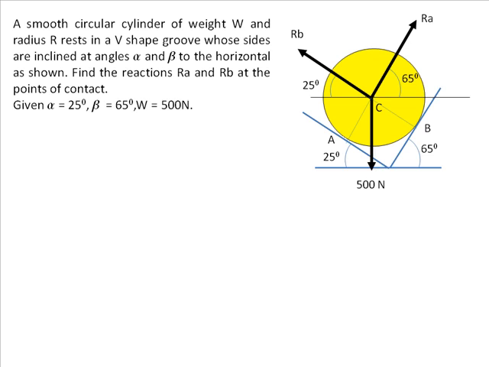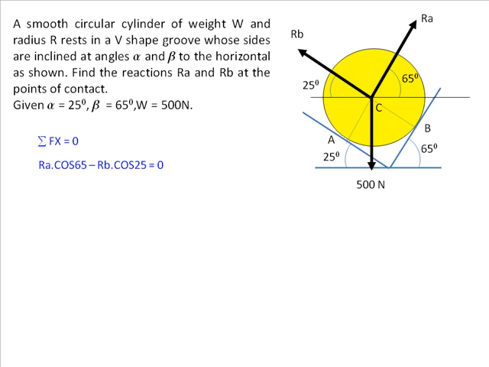So see, we have managed many things. We have managed the free body, and we now know at what angle all these forces are inclined. So we are ready. We also know that these three forces together are keeping the cylinder in equilibrium. And therefore, all we have to do is write sigma Fx equal to 0 and sigma Fy equal to 0.